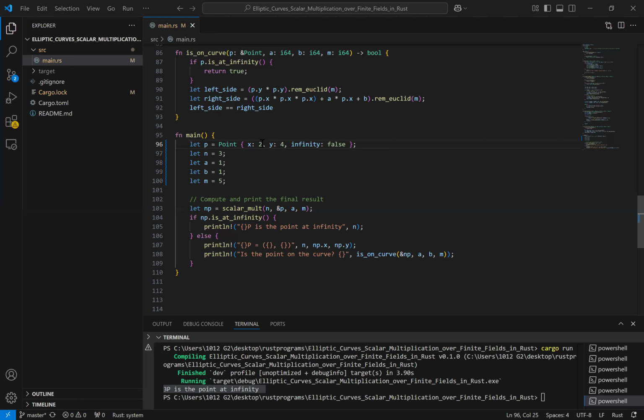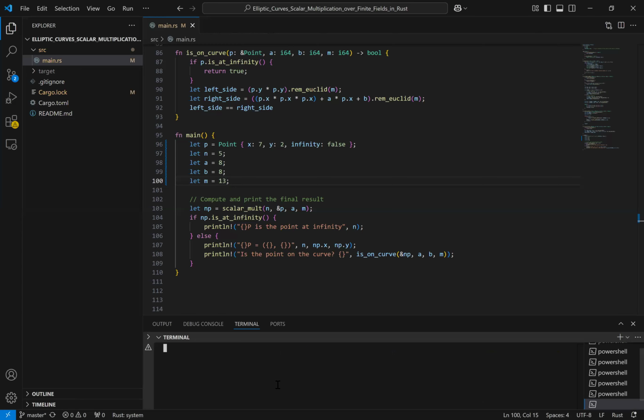So for instance, I'm taking that point (7, 2). What is n? n is 5. My A is 8, my B is 8, and my mod is 13. So I want to see (7, 2) added 5 times.